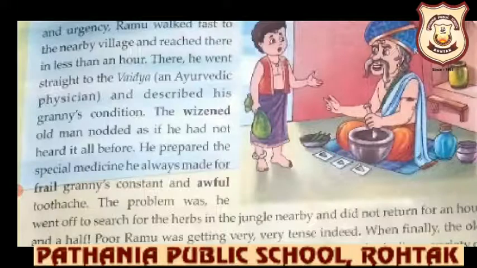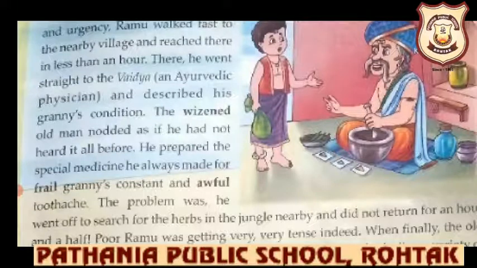So what happens? Who is a Vaid? Like we use the word doctor. So in the villages, a person who is not exactly having a degree, but he is having knowledge of medicinal things, that person is referred to as a Vaid. So he goes to the Vaid and he's telling him what is the condition of his grandmother, what is aching, how is she feeling, all those things he's sharing.